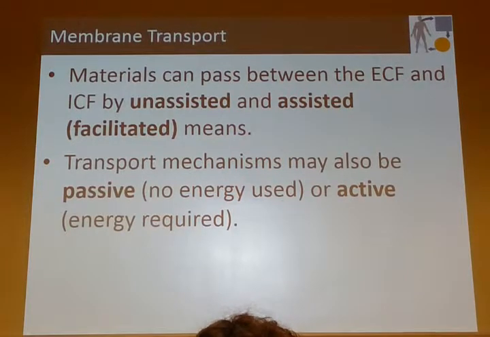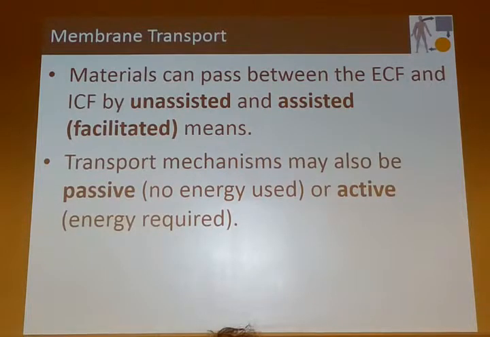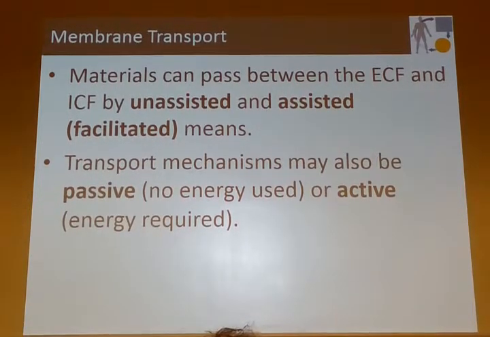Active and passive transport can be assisted or unassisted. Well, actually active is requiring assistance because you're moving against a concentration gradient. But passive could be unassisted or it could be assisted, because you will have certain membrane proteins that will facilitate the diffusion of certain particles.